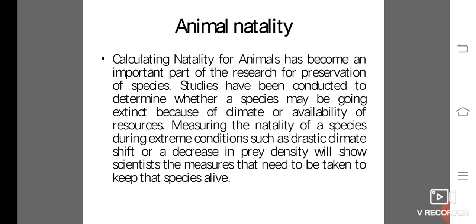Specific birth rate is used when calculating animal natality. The criterion used is age. Animal natality is expressed as an age-specific schedule of births. This is represented by the quantity of young per unit of time by females in various age classes.